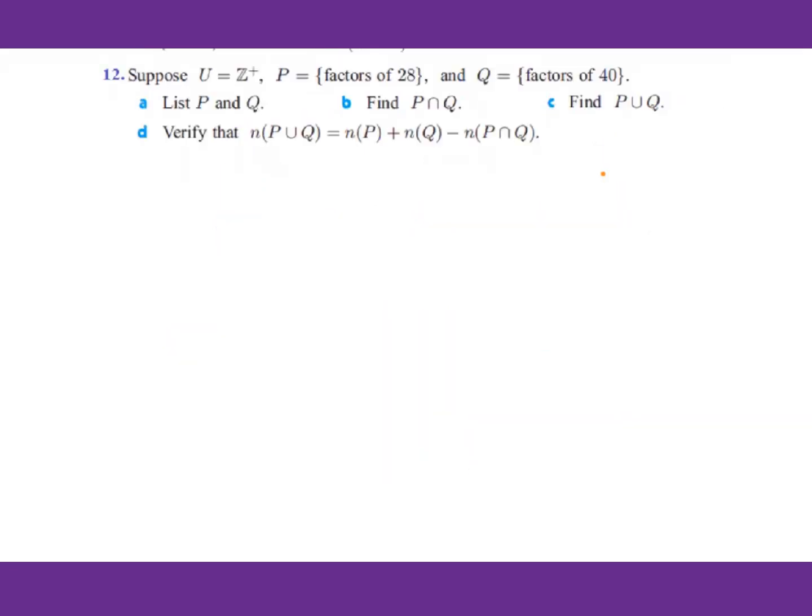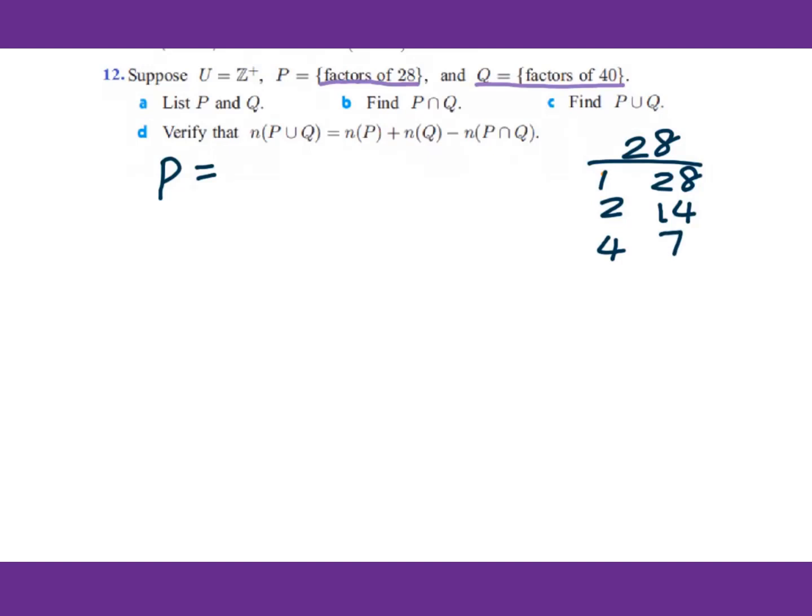Let's go to 12. Suppose the universal set equals positive integers. P is the set of factors of 28. Q equals the set of factors of 40. First of all, list P and Q. For the P part, factors of 28, we do this. 1 times 28. 2 times 14 equals 28. 3 doesn't work. 4 times 7. 5, 6, 7 repeating, so I stop here.